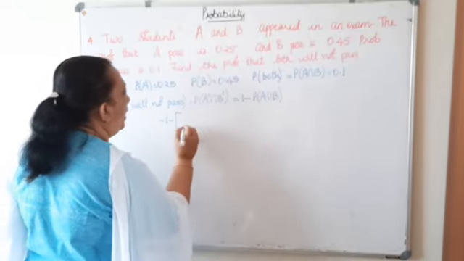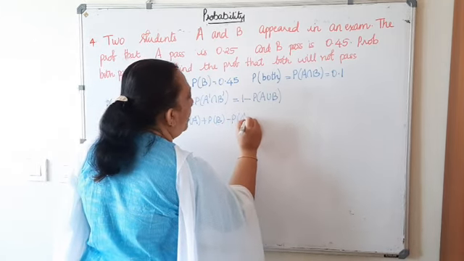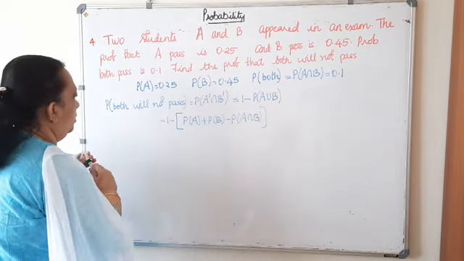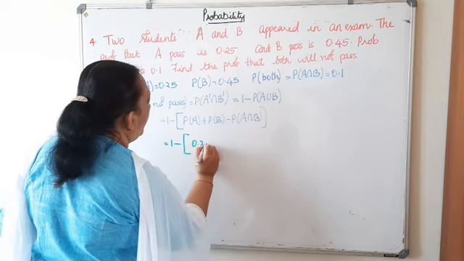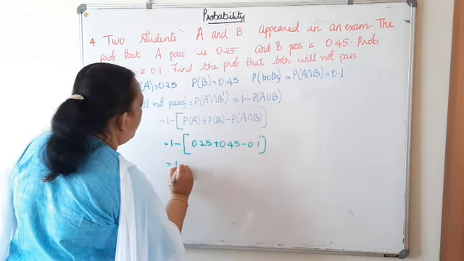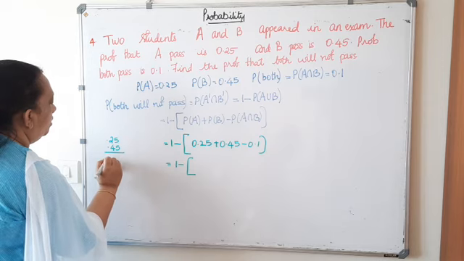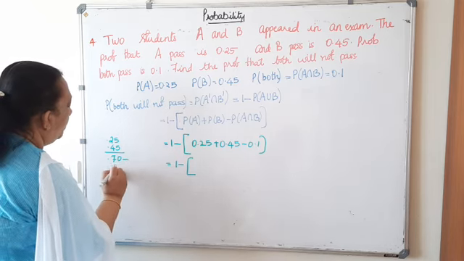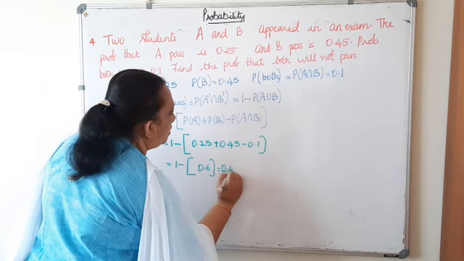P of A union B is P of A plus P of B minus P of A intersection B. So 1 minus, P of A is 0.25 plus 0.45 minus 0.1. 0.25 plus 0.45 is equal to 0.7. 0.7 minus 0.10 is equal to 0.6. 1 minus 0.6 is equal to 0.4.